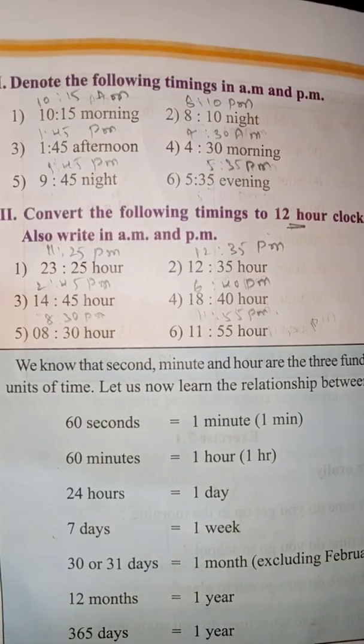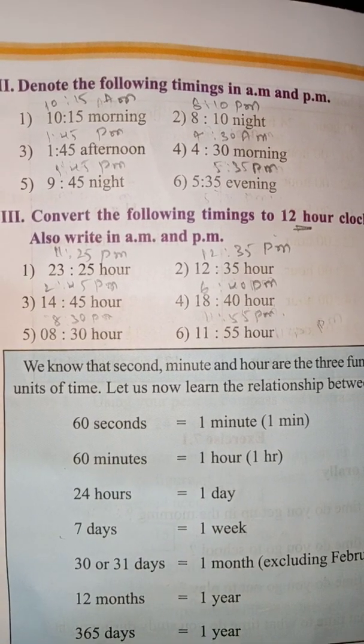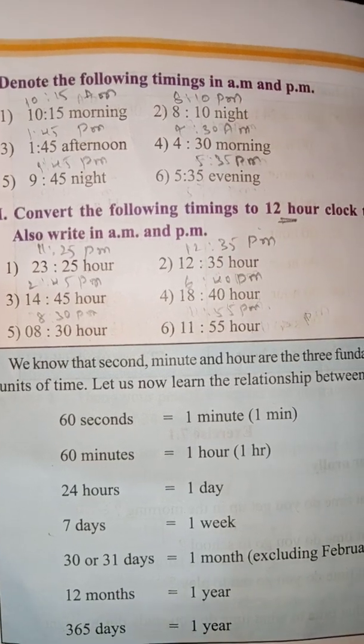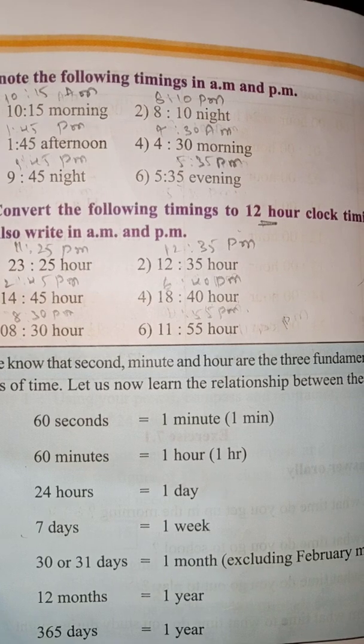Four months have 30 days: April, June, September and November. And February has 28 or 29 days.